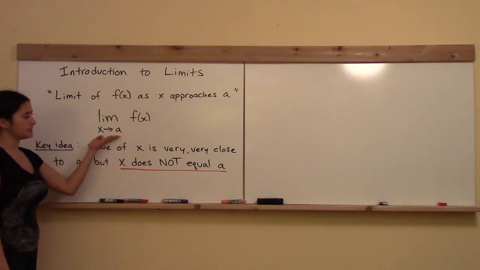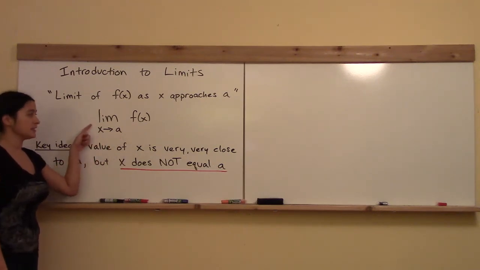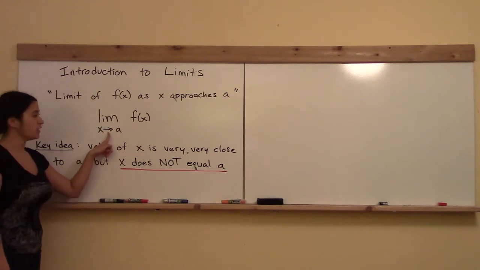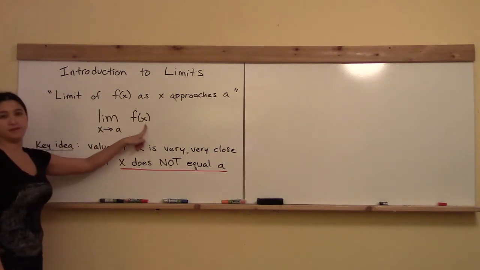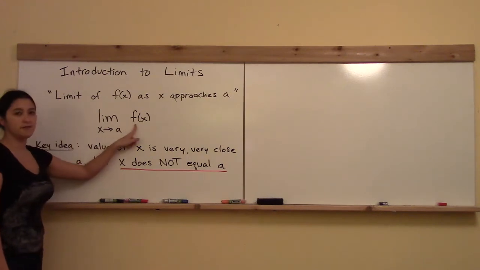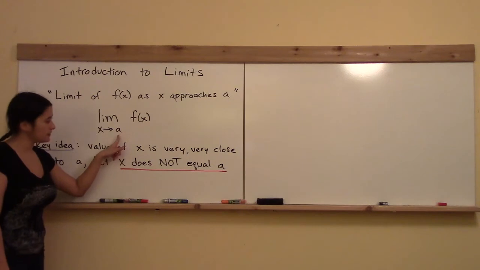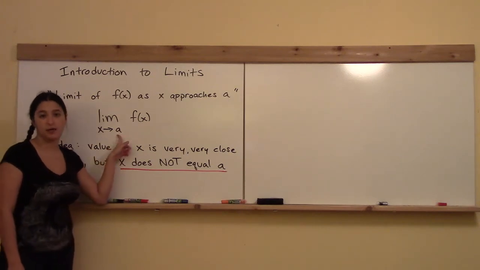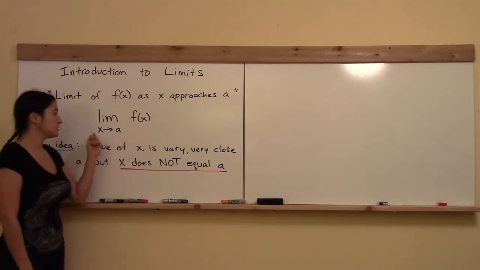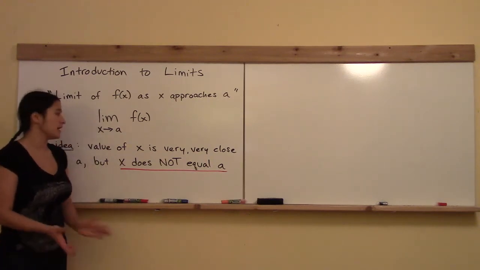Here I've written the basic thing that you're going to see when you're working on limit problems. It says lim, and then x right arrow to a, f of x. And how you're going to read this is the limit of f of x as x approaches a. Keep in mind that in this context, a is a number. It's a real number, just like all values of x are when we put them into the function f of x, okay?